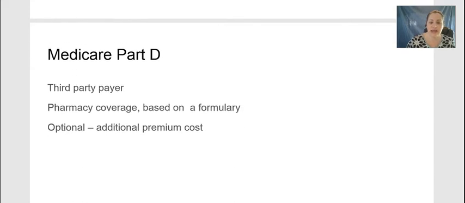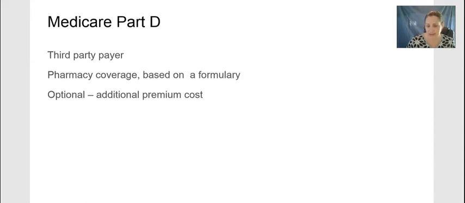Medicare Part D, D means drugs. Up until the 90s, nobody on Medicare had pharmacy coverage. And of course, your people who are in their later years of life take a lot of medications. They have high blood pressure, they have diabetes, they get congestive heart failure, they have all these long-term chronic problems, and they take a lot of meds.